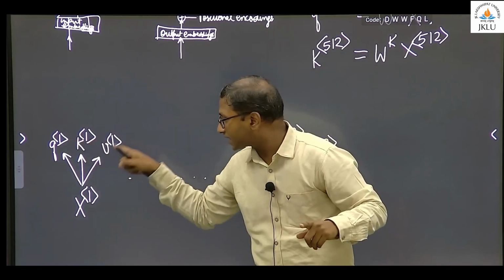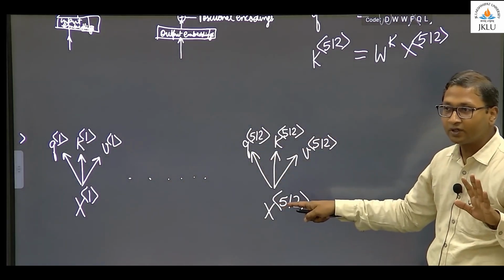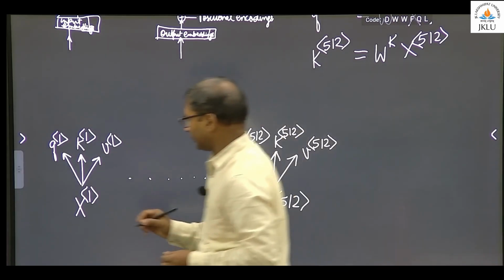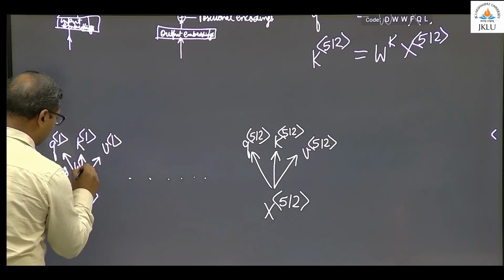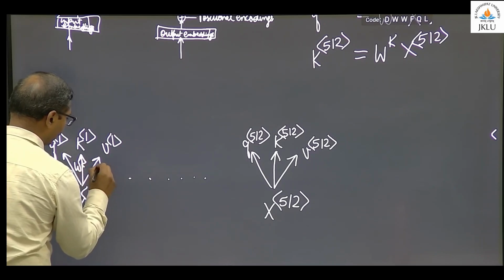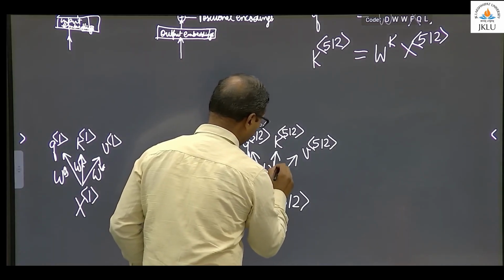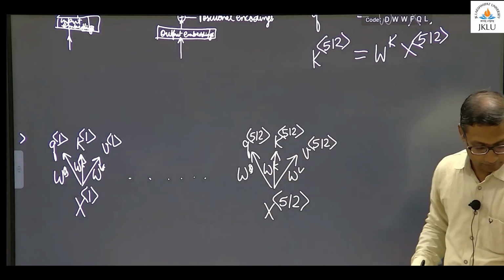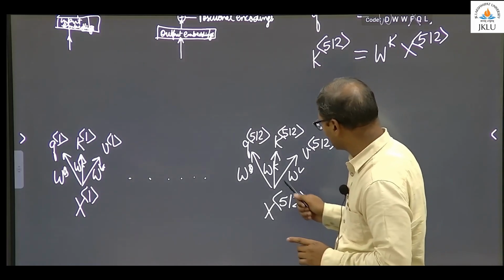So all these are coming from x1, all these from x2, and all these from x of 512. The parameter matrices sitting here are wq, wk, wv, the same wq, wk, wv. Right, so this is what we have.